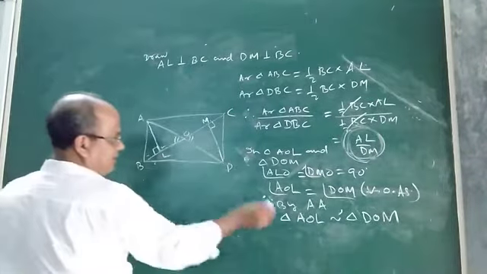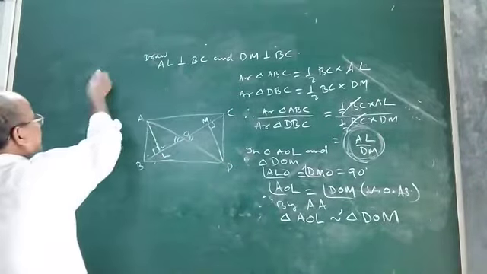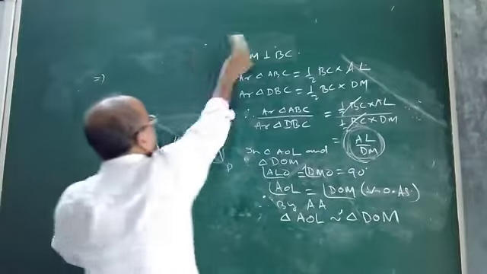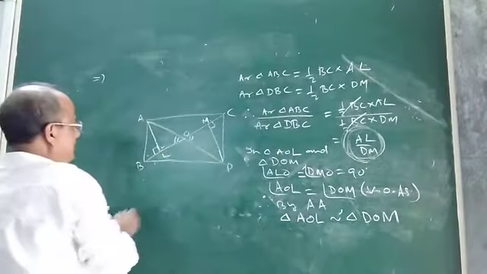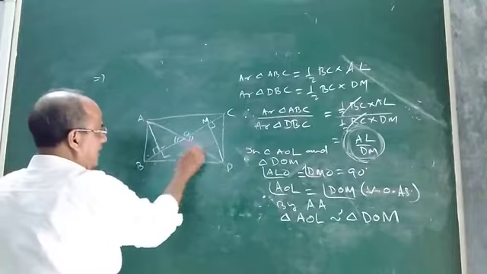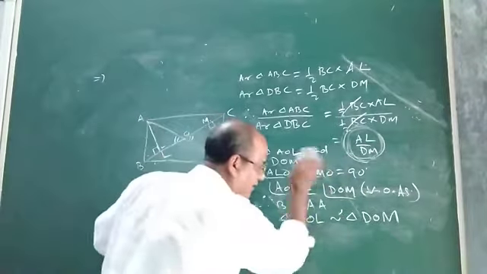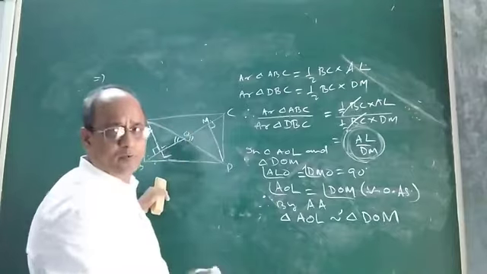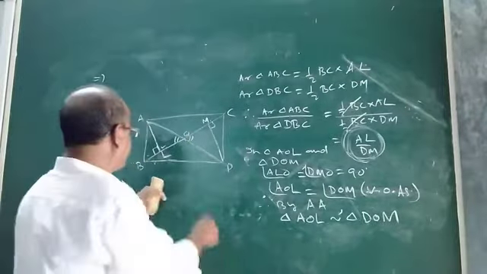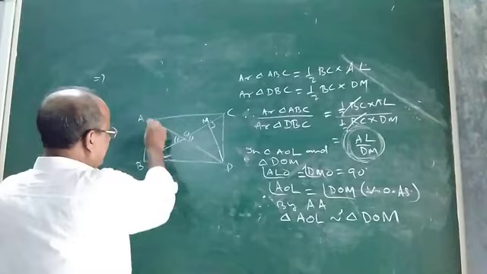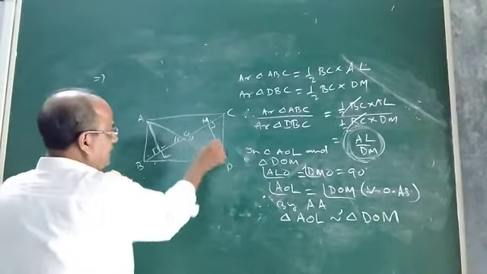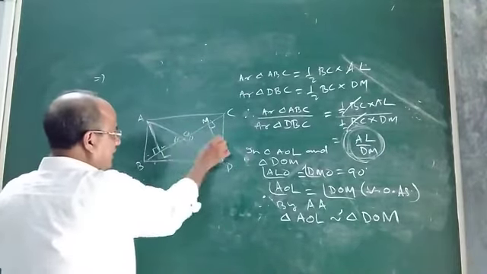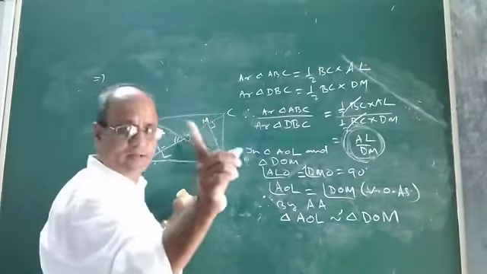So after this step, what will be the next step? As we proved that triangle AOL and triangle DOM are similar by angle criterion, no doubt their corresponding sides will be proportional. Let us see what the corresponding sides are. AL is present in this triangle and DM is present in this triangle. So AL and DM form a pair of corresponding sides.